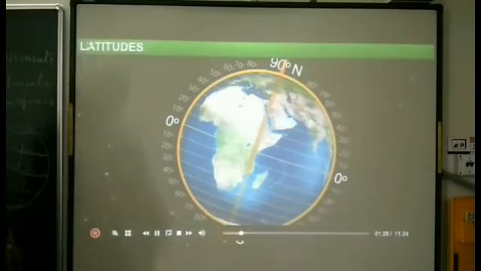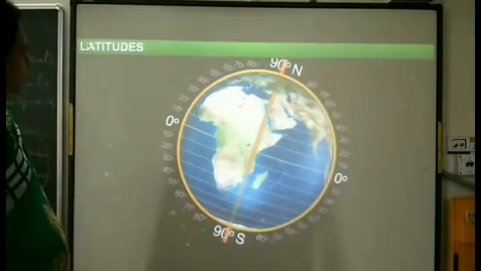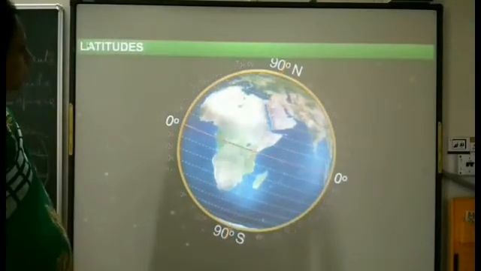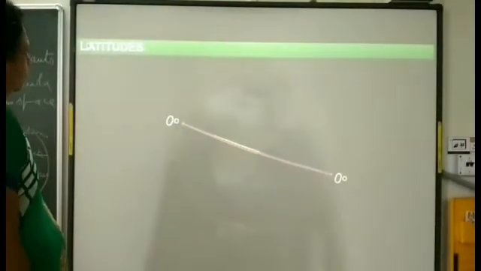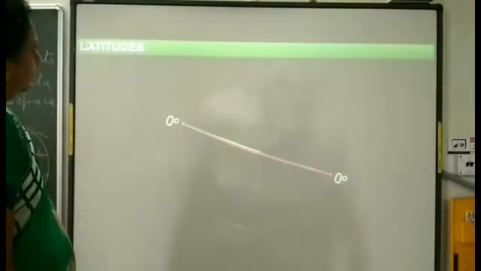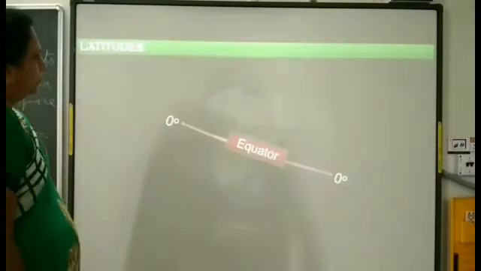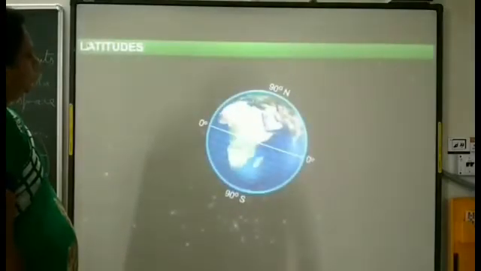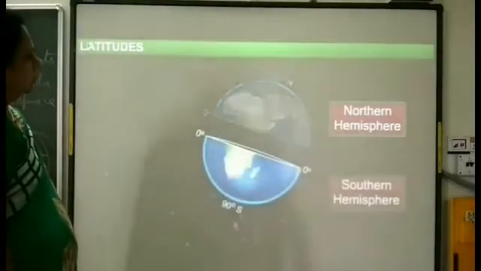Remember the axis of the Earth that you learned about earlier? There is another imaginary line on the globe that divides it into 2 equal parts. This line at the 0 degree latitude is called the equator. The equator divides the Earth into the northern hemisphere and the southern hemisphere.